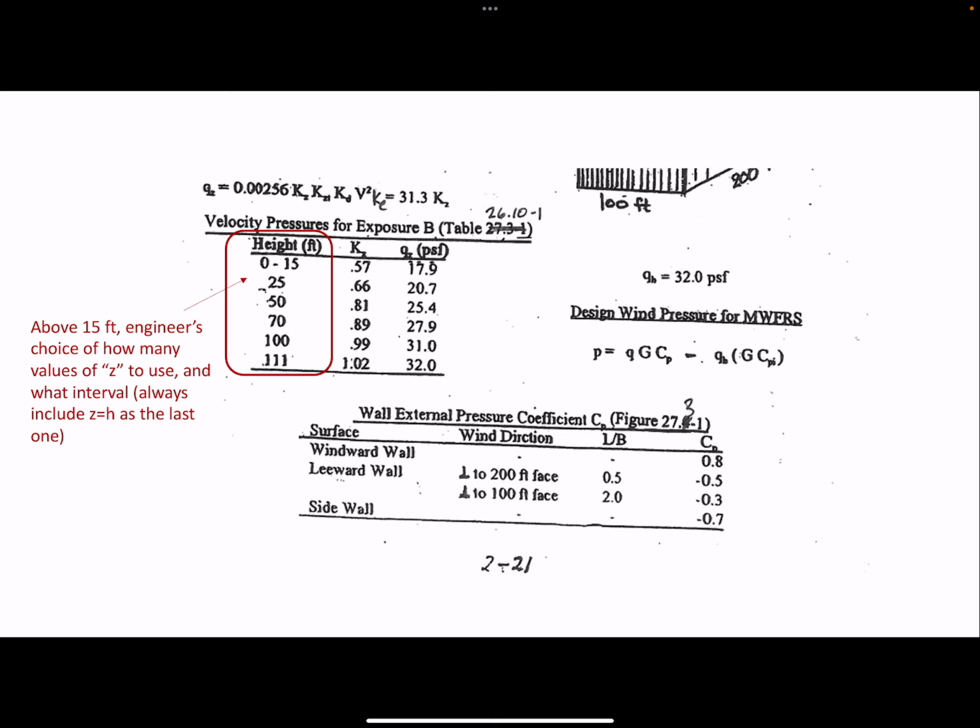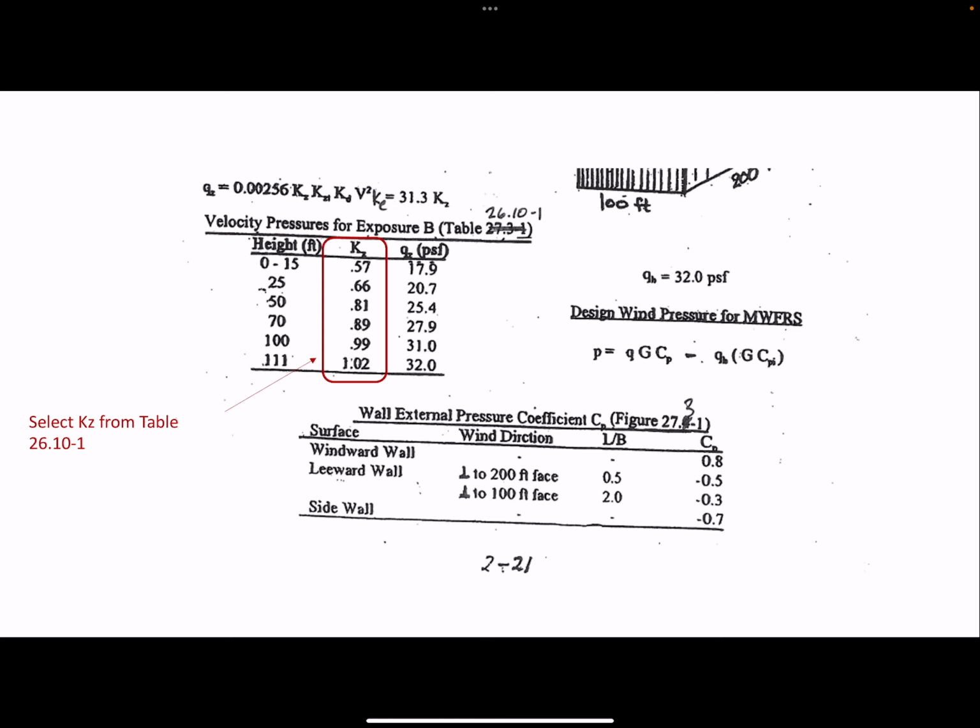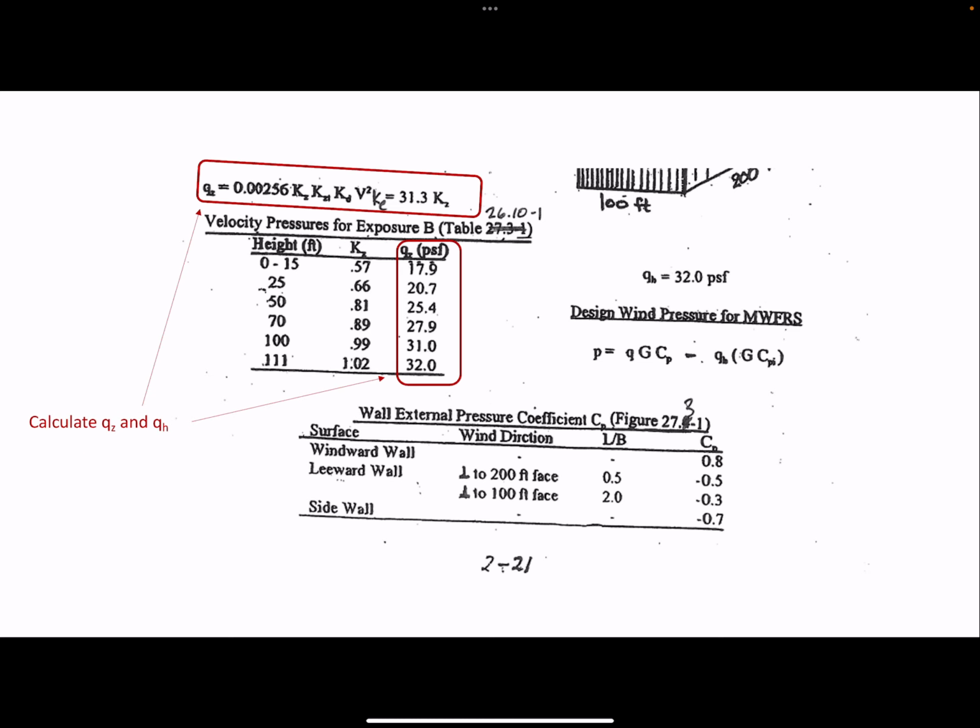But you do want to make sure that you're not being too under conservative or too overly conservative. The 0 to 15 is always going to be your first category, so that's always going to have a constant value that we apply. And then you calculate your QZ from that above equation, plugging in all the other factors that we determined earlier.